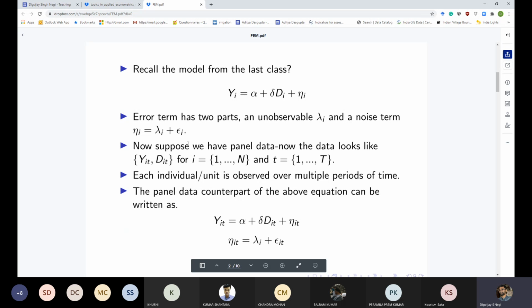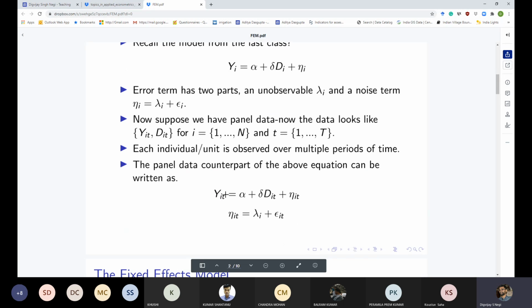But now we have panel data. By panel data, I mean each outcome y_i, d_i, all of these are observed over time for each individual, over multiple periods of time. So the panel data counterpart of the same equation can be written like this, where we now have another subscript, t.